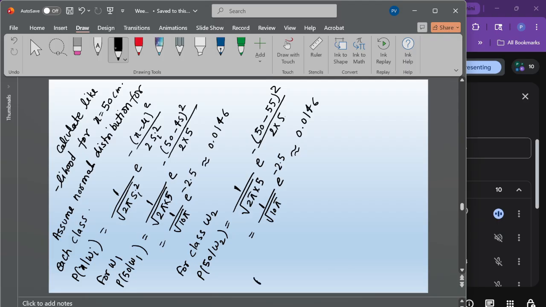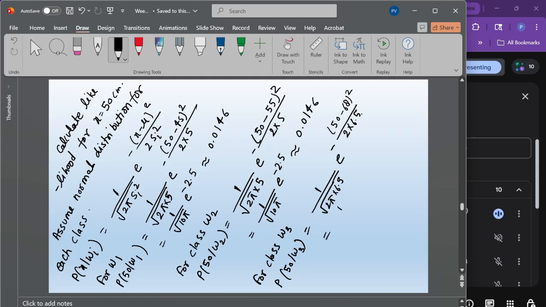Now for the class omega 3, the probability of 50 given omega 3, 1 by root 2 pi sigma square, we have got 6.5, e to the power minus (50 minus 68) squared and 2 into 6.5.